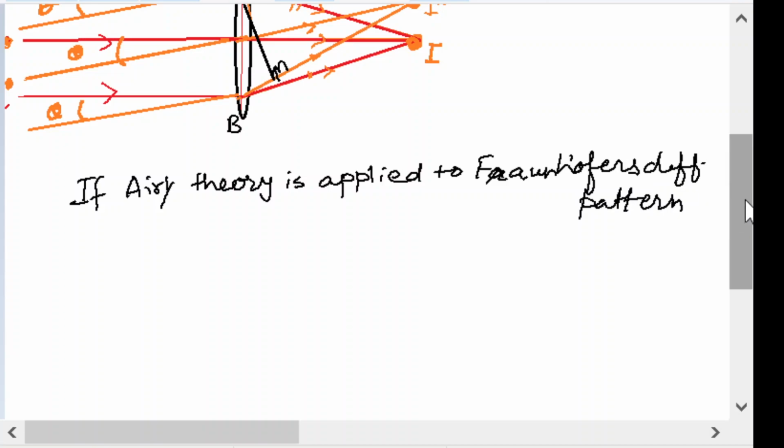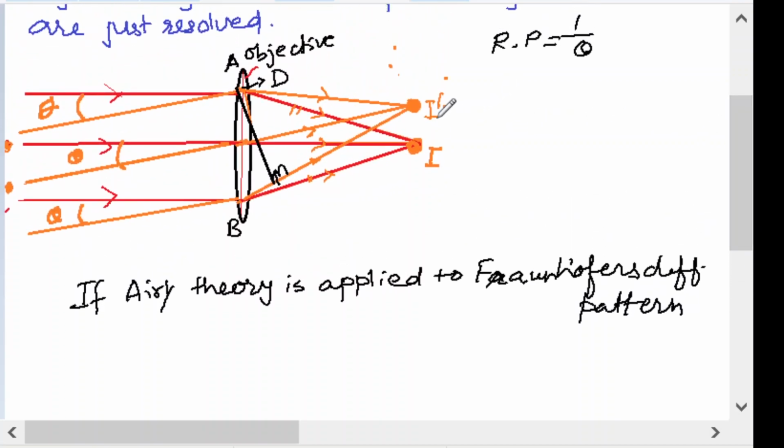Okay, now let us consider here, if you are getting these two points over there, the images will give the diffraction pattern. That diffraction pattern I am going to draw here.